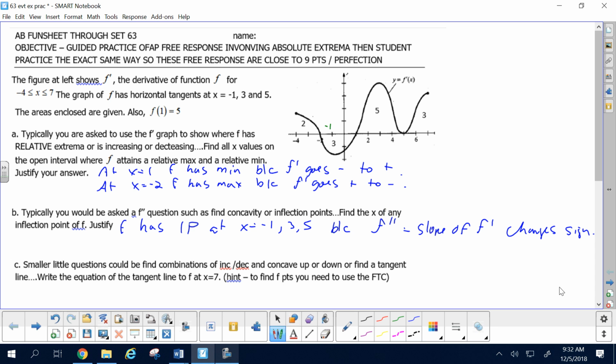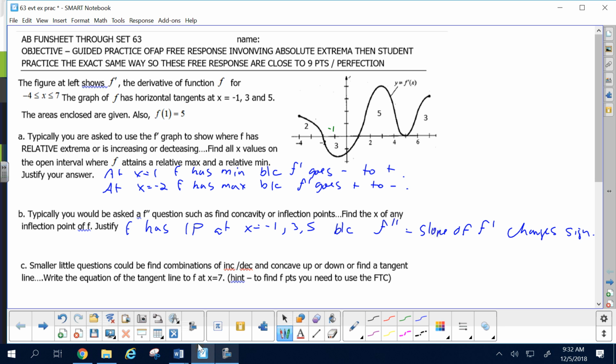Okay? Smaller little questions. Those are pretty guaranteed. You sometimes are asked to combine those two, find where f is increasing and concave up, in which case you just put those two together and look for two conditions at once. It's also pretty common to do a tangent. That's about half the time you're asked to do a tangent.